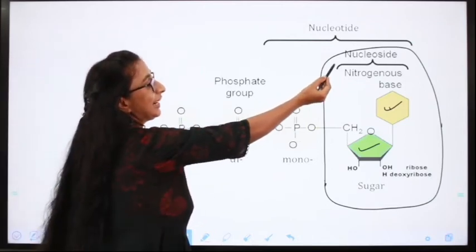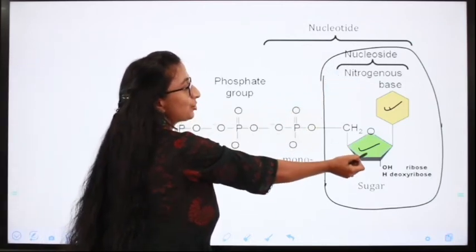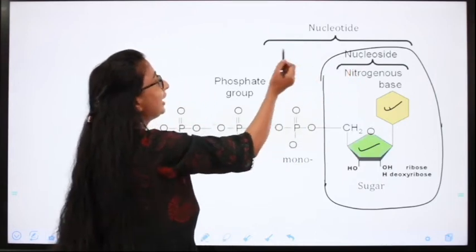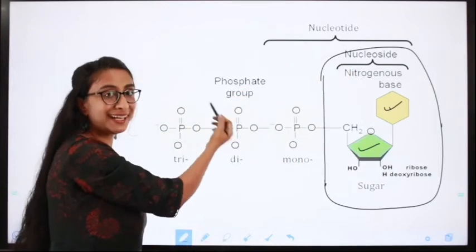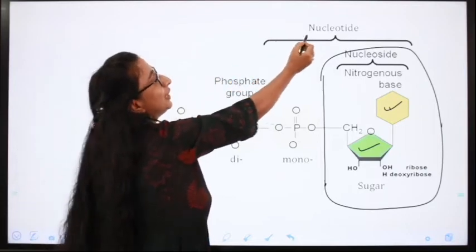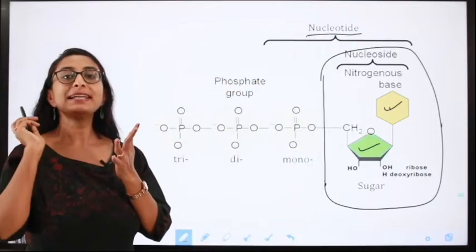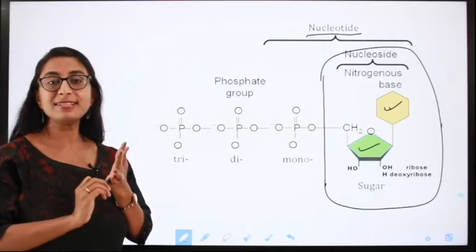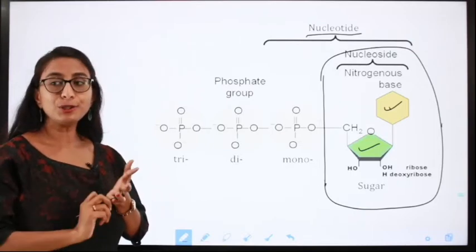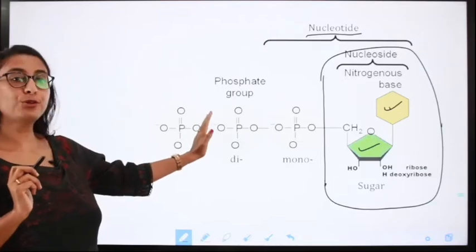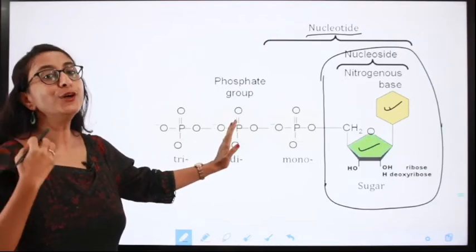So to the nitrogenous base and the pentose sugar, which is called a nucleoside, if you add the phosphate group, it becomes the nucleotide. Okay, ribose sugar plus nitrogenous base gives nucleoside. Nucleoside plus phosphate groups gives nucleotide.